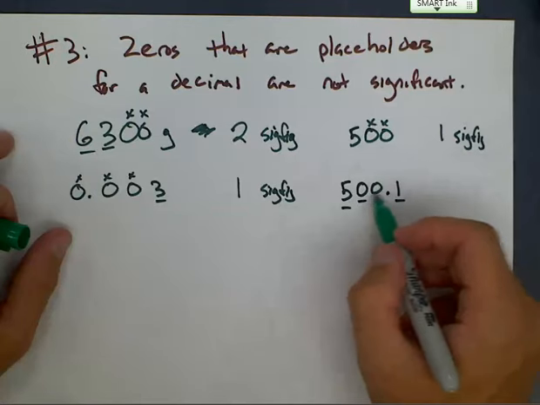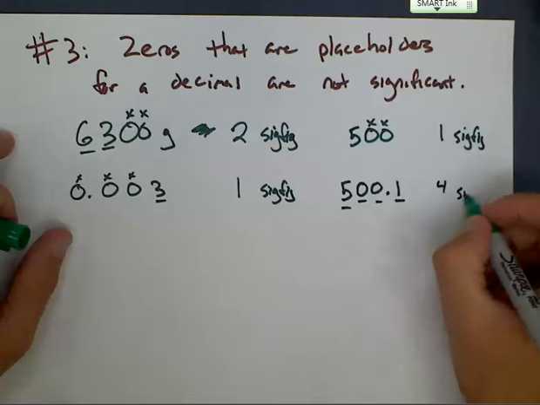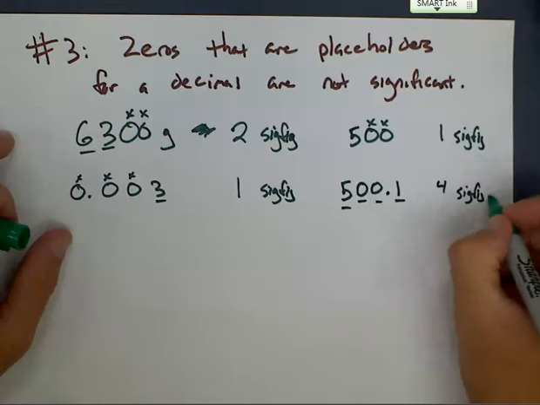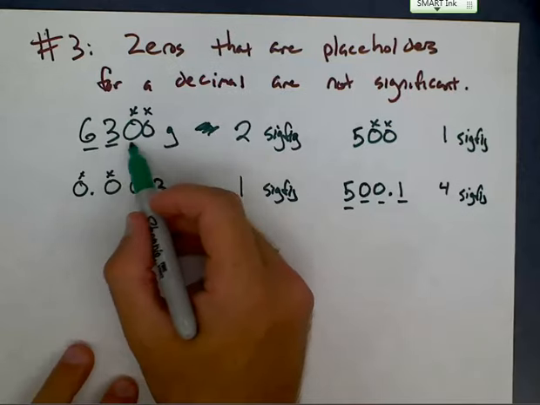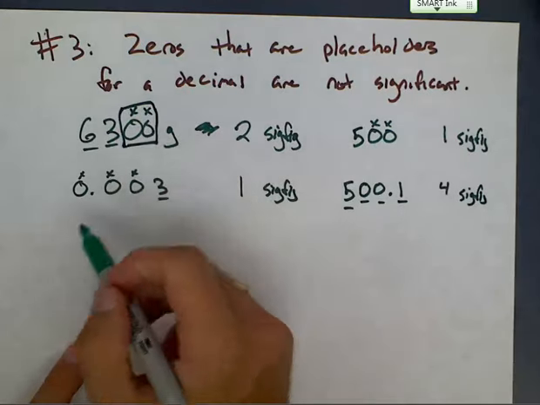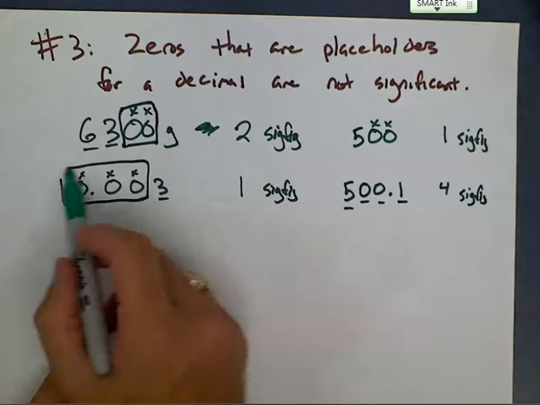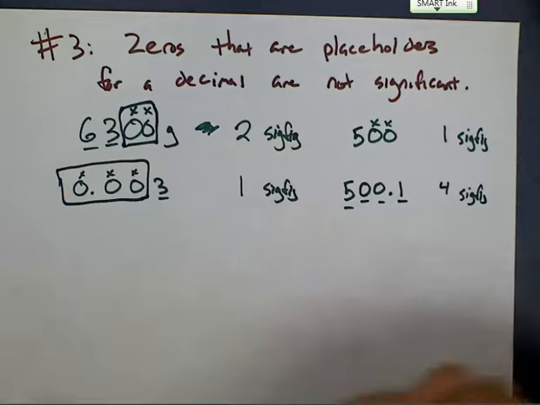Okay, these zeros would not count as placeholders. So this would have a full number of 4 sig figs. Okay, so placeholder zeros, ones at the end of a non-decimal number, ones at the beginning of a decimal number, those guys are not significant, and we can ignore them.